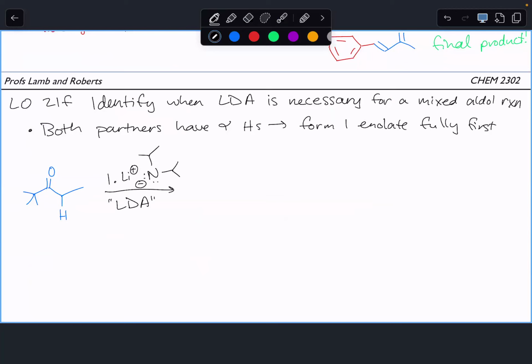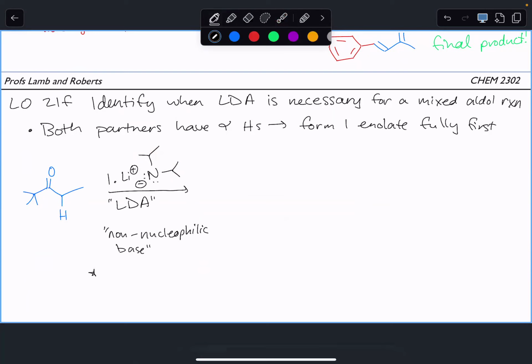LDA is often also referred to as a non-nucleophilic base, because these isopropyl groups right here are quite sterically bulky. So it doesn't like to attack things. It just likes to rip off a proton and then go about its day. So it's a non-nucleophilic base.